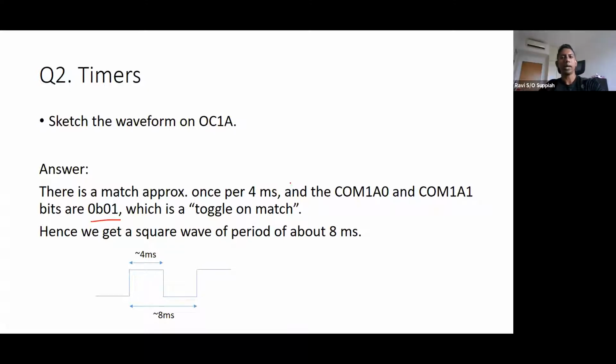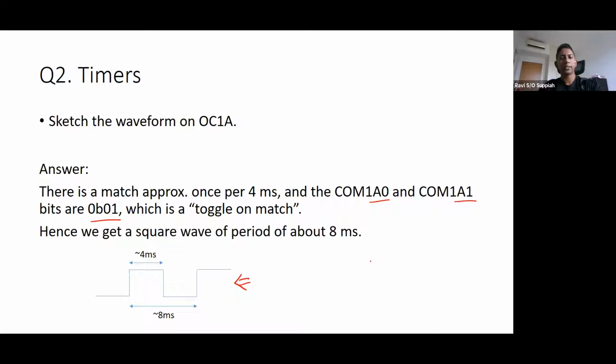I will still trigger the interrupt, but I do not do anything to the particular pin. So COM1A0 and COM1A1 will both be set to 00. And I can choose to generate this waveform on any IO pin. The toggling of the waveform can be done on any IO pin.